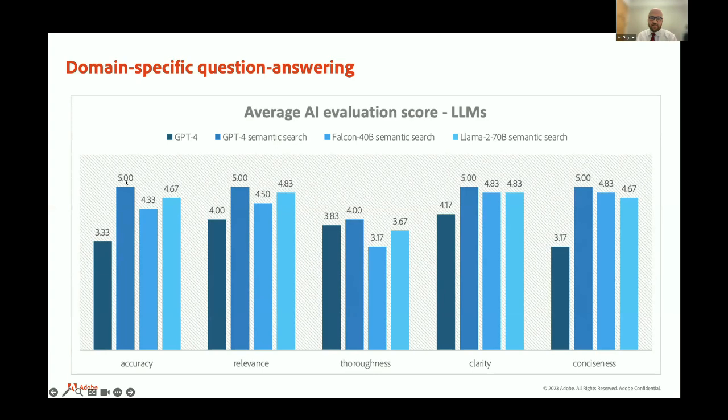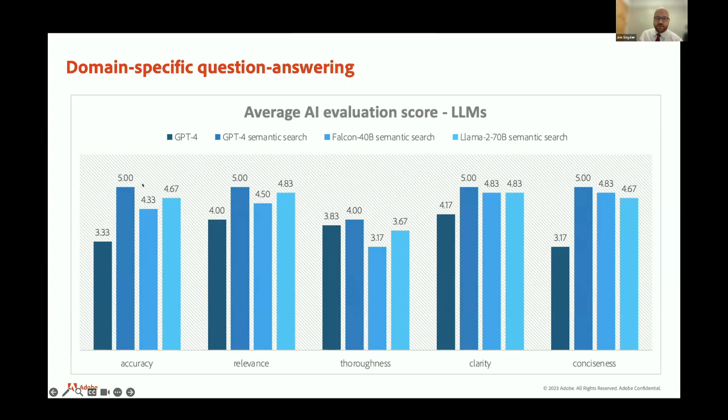That would be pretty much true regardless of which LLM you use. The other key takeaway is that if you compare this to another relatively large LLM, this one open source, Llama 2 70 billion produced by Facebook, you'll see that it's pretty comparable in accuracy.